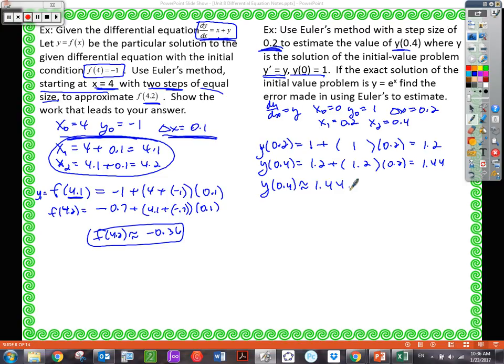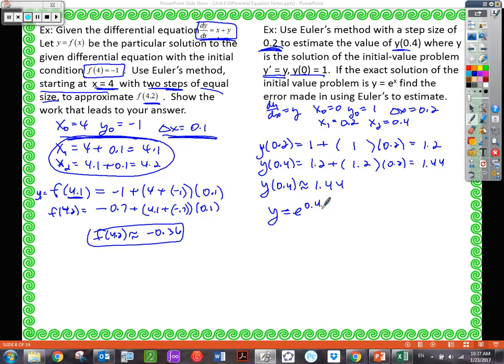Now let's pay attention and look at the second sentence, what they're wanting us to do. If the exact solution of the initial value problem is y equals e to the x, find the error made in using Euler's to estimate. Okay, so if the exact is y equals e to the x, if I want to find the exact value of the function at 0.4, I would say y equals e to the 0.4, and I'd put it in my calculator, right?